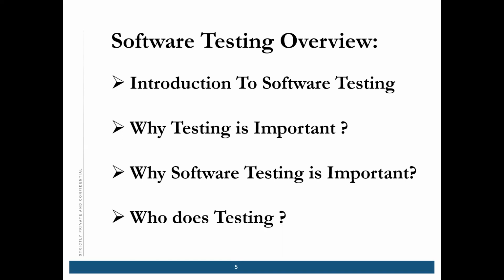So there the tester comes, finds the defects in their product and reports them, so that they can rectify those defects. So the tester's job is to find the defects in a product and then inform the developer to rectify them.